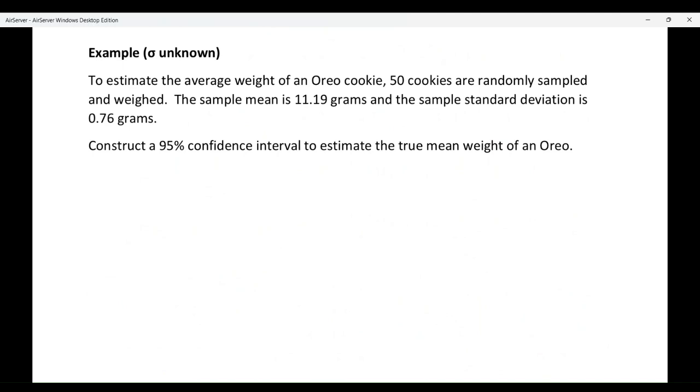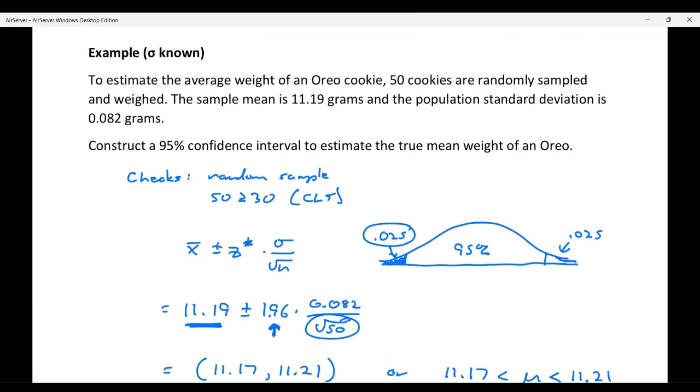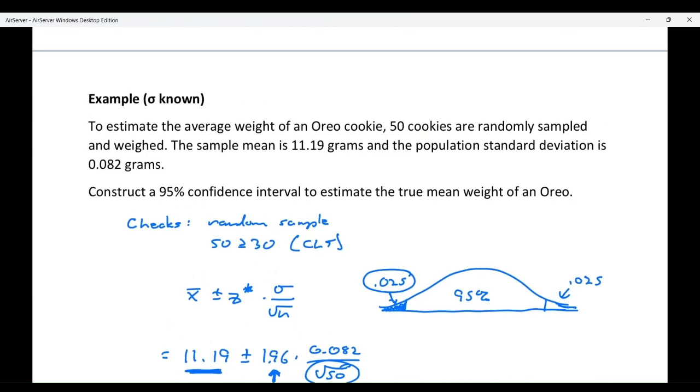But again, this time we don't know the standard deviation for the population. So we are going to use the standard deviation for the sample. And just to remind us, these numbers are just made up, but the standard deviation for the population was 0.082.